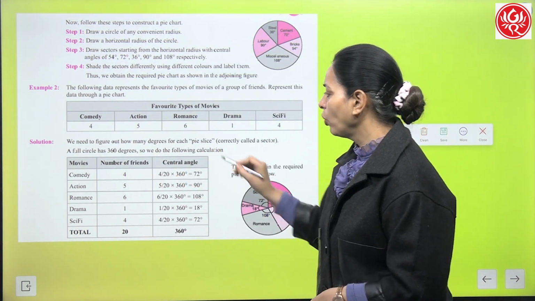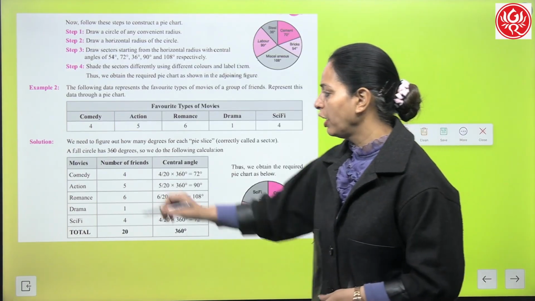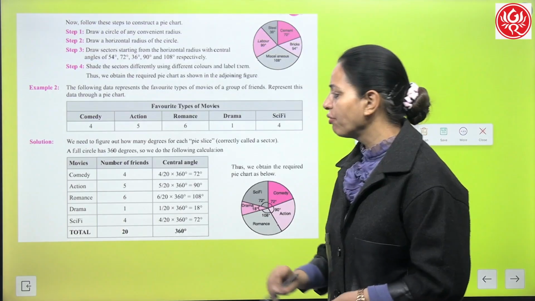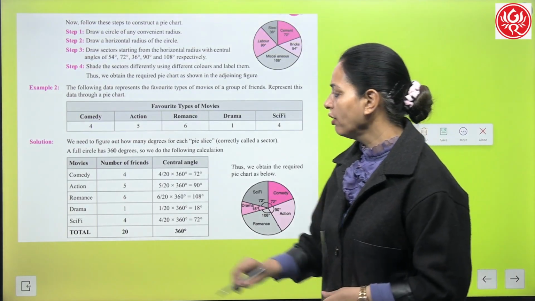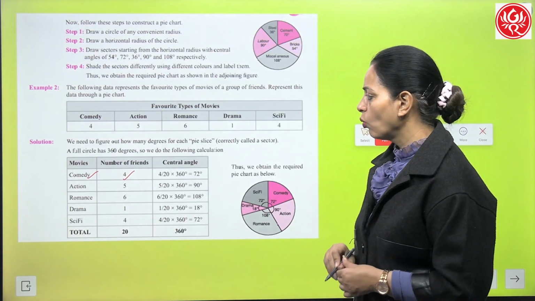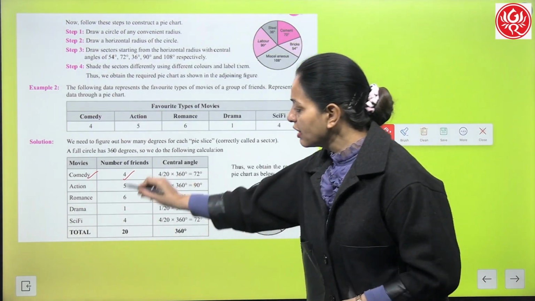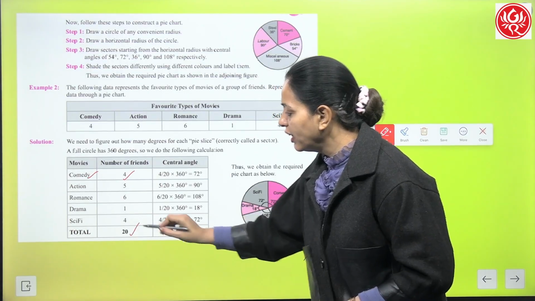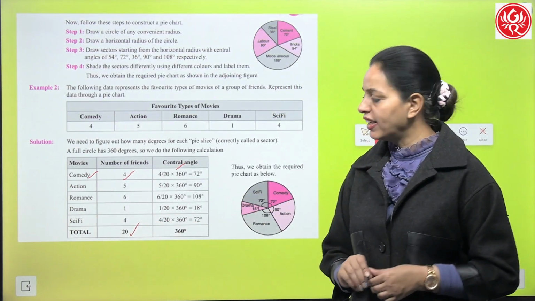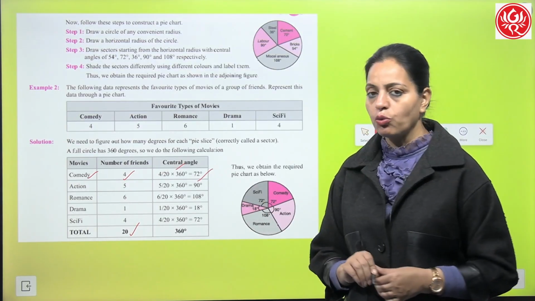So we do the following calculation. Now what will we do, movies and here number of friends and here central angle. So here comedy, 4 friends like comedy. So what to do, first find the total. Total is 20. So 4 by 20 into 360 degrees, that is 72 degrees.